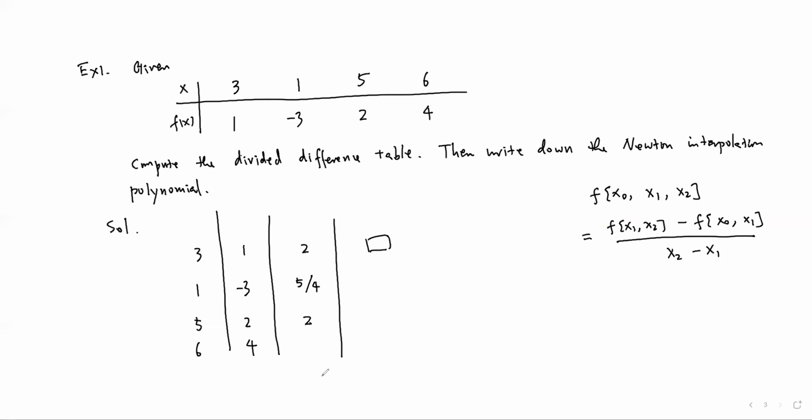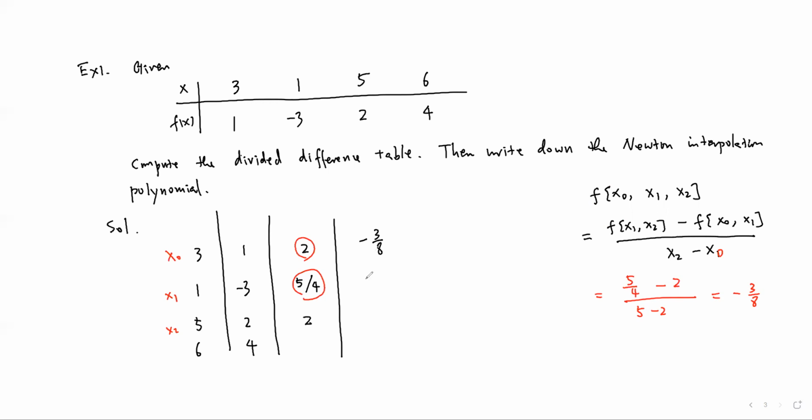So it is this number 5 over 4 minus this number 2, then over x2 minus x0, not x1. This point is x0, x1, x2, so it is 5 minus 3. The answer is -3 over 8.